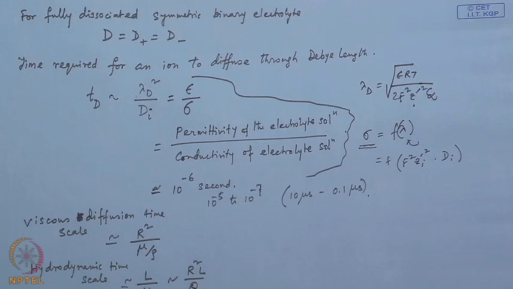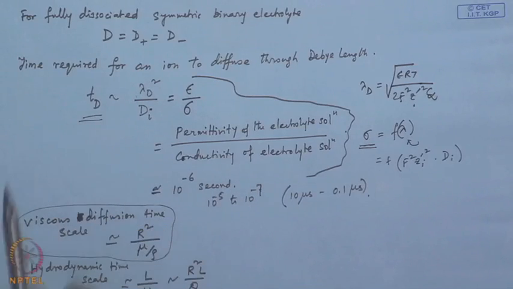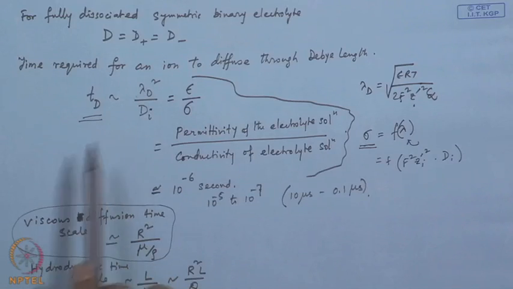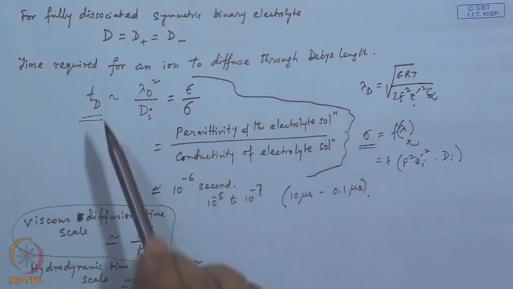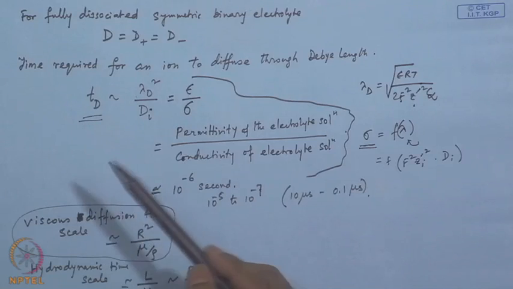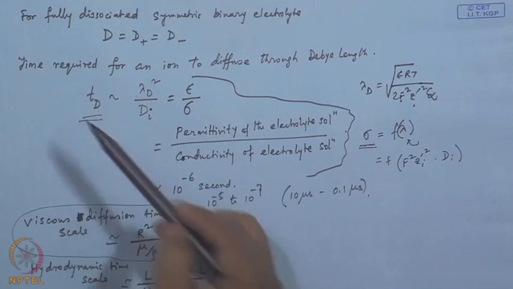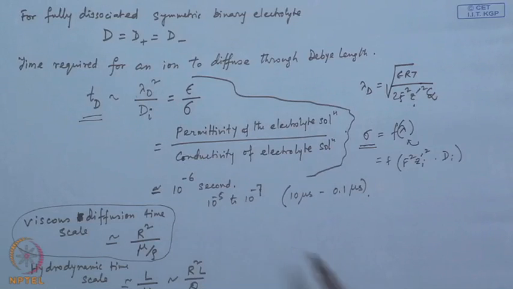And what you have to ensure is that this viscous diffusion time scale has to be greater than this. That means this Td, the time required for these ions to relax within this Debye length, has to be shorter by at least a couple of orders of magnitude, because then the flow will happen and the equilibration will happen instantaneously.